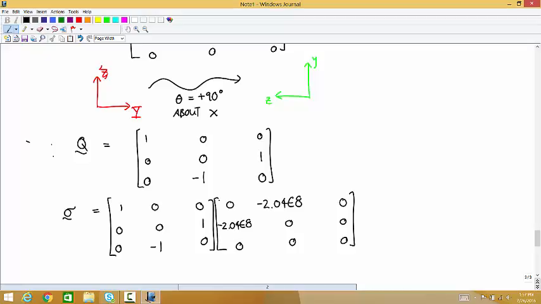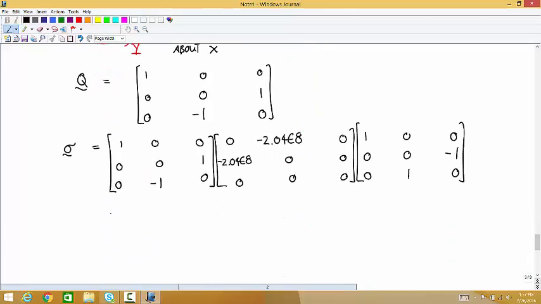And then Q transpose. So 1, 0, 0, 0, 0, negative 1, 0, 1, 0. And if you punch that in, you get, well, I described what was going to happen earlier.